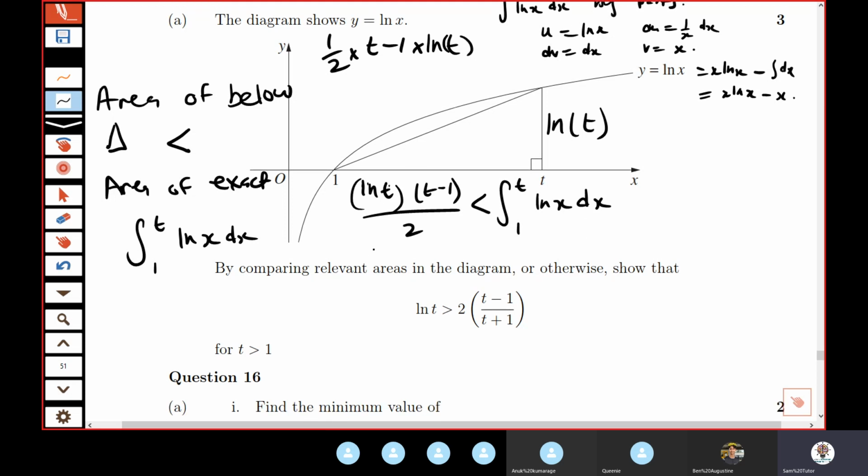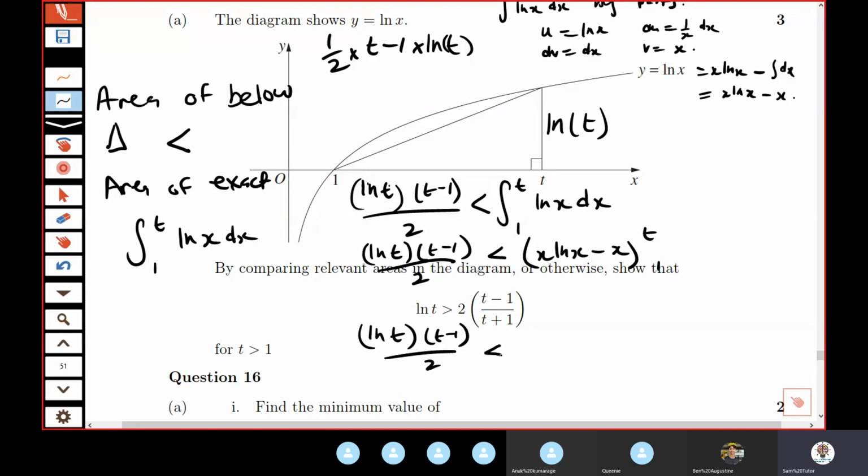So then again, log t minus 1 on 2 is less than x ln x minus x, and then t to 1. Next line, log t minus 1 on 2 is less than, sub in, t log t minus t, minus 1 log 1. 1 log 1 is 0, minus 1.